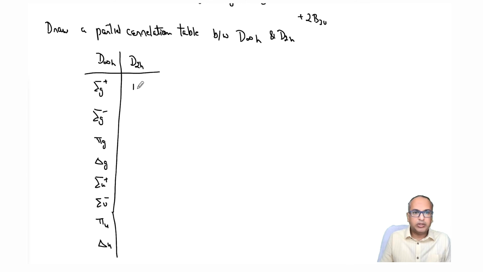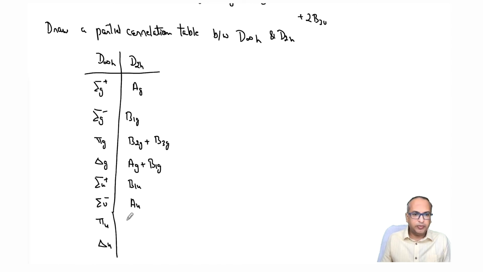Now this one correlates to Ag, then we have B1g, then you have B2g plus B3g, then you have Ag plus B1g, B1u, this was Au, B2u plus B3u, and this is Au plus B1u.